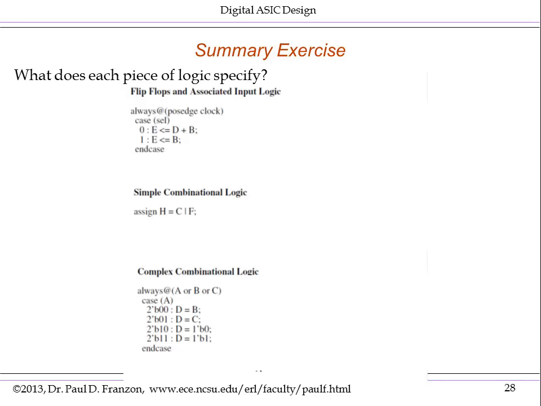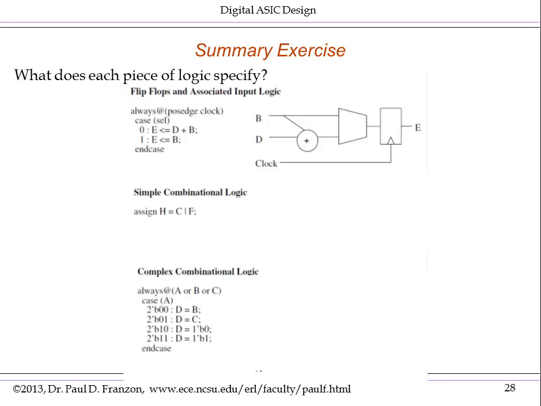So in this example, if SEL is 0, then we're selecting the adder. If SEL is 1, we're selecting B. A two-input case statement acts a lot like what? An if-else statement. So what are we describing here? A flip-flop with a multiplexer. The multiplexer has two inputs, an adder, and just B. Okay, that's the first example.